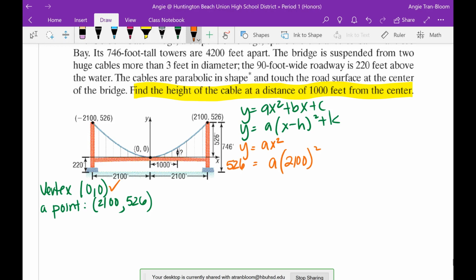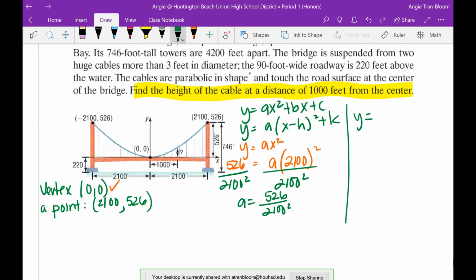Divide both sides by 2100 squared. So a is going to be 526 divided by 2100 squared. I'm going to keep it as a square because I don't want to write a bunch of zeros. Now do I have a real formula? y equals 526 divided by 2100 squared times x squared. Is that okay for our formula?